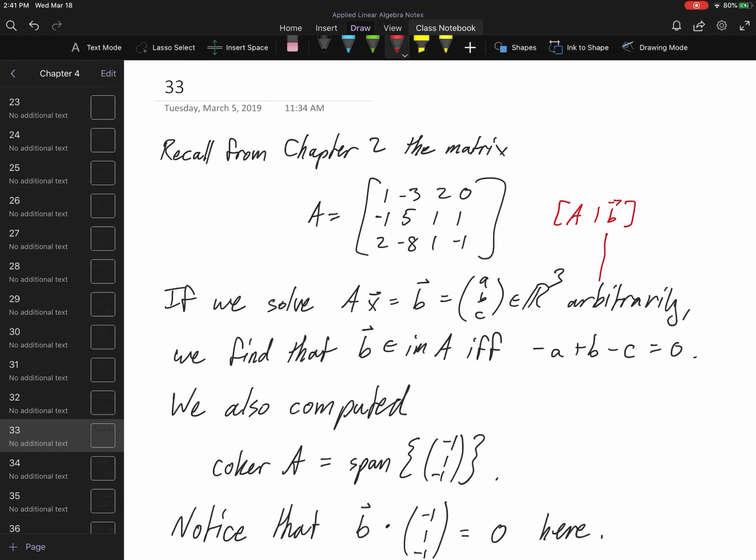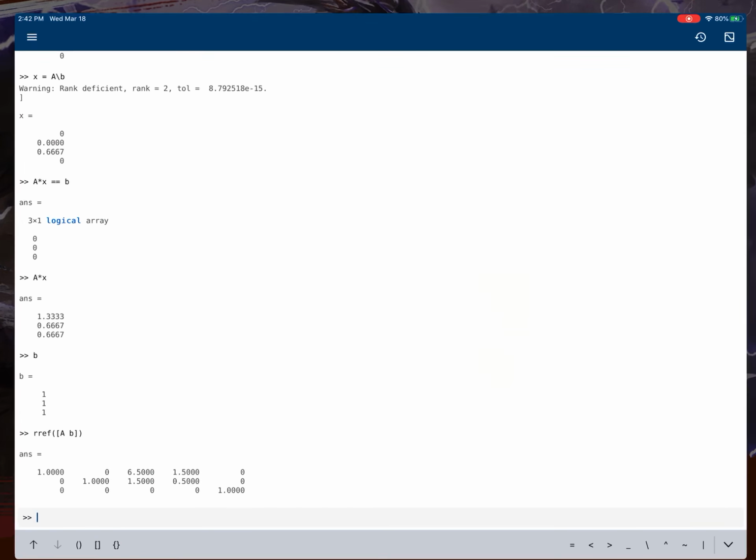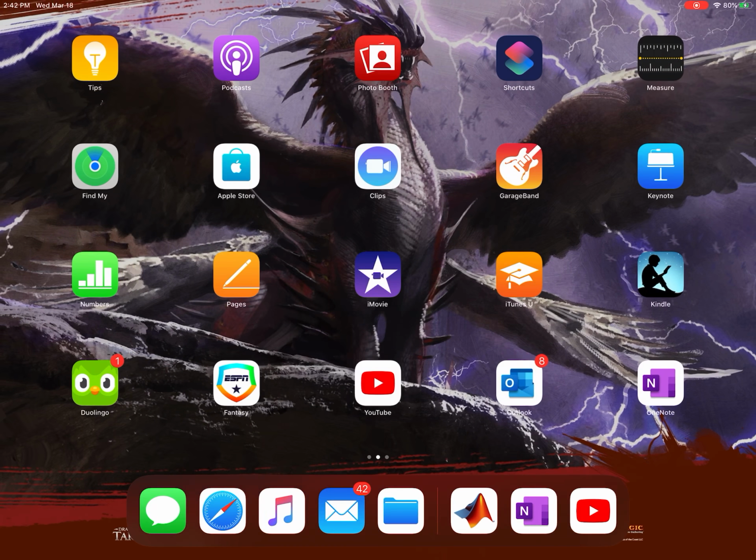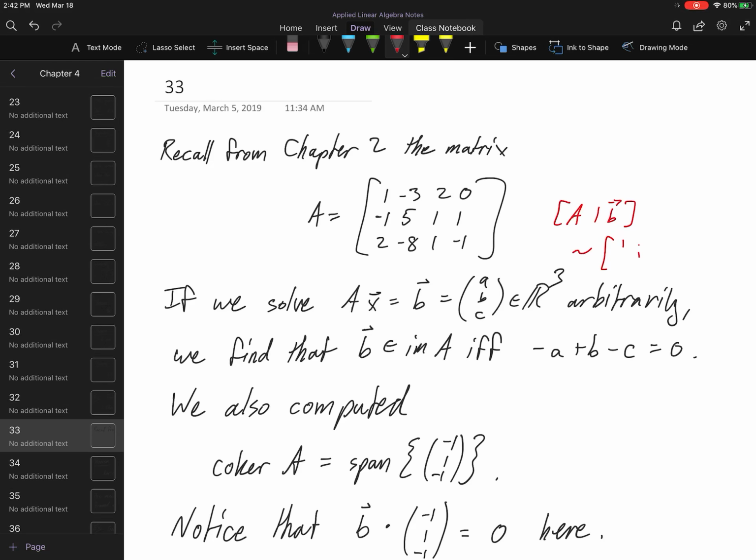If I set up an augmented system, A against B, then in order to row reduce it completely, this is row equivalent to, in general, with the pivots in the first 2 columns, a 1 and then a whole bunch of stars, and then 0, 0, 0, 0 in that last row.